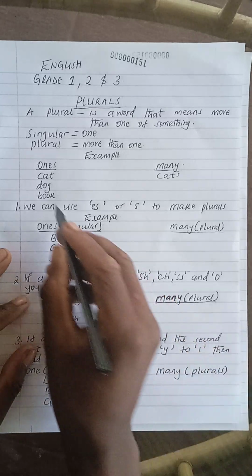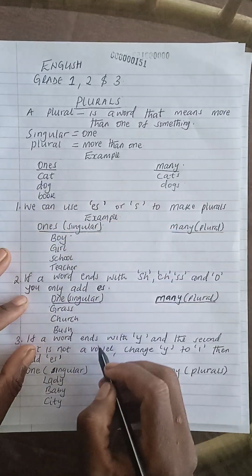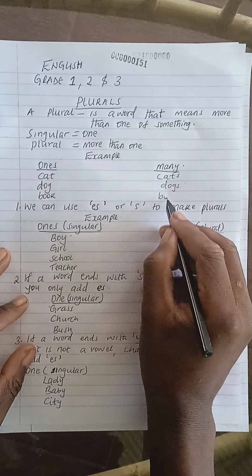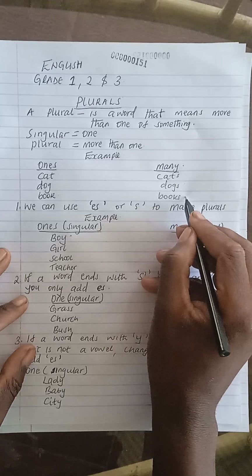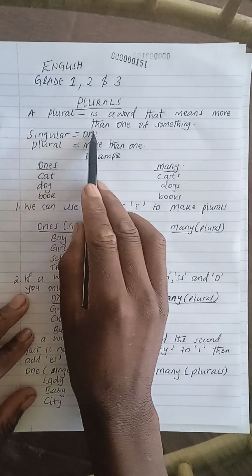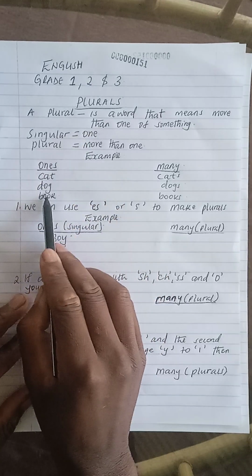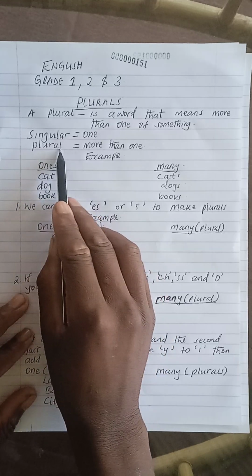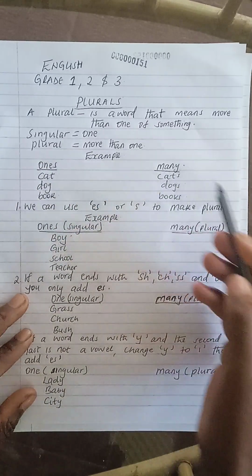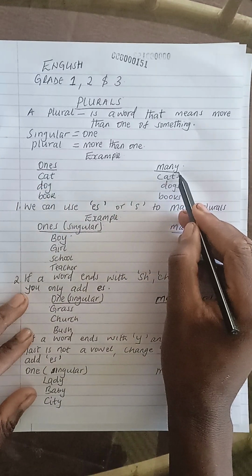Then the word dog will be dogs. Then the word book in many will be books. So the word singular means one, the way it is here in ones. Then plural also means more than one, or many. So another word for plural is many.